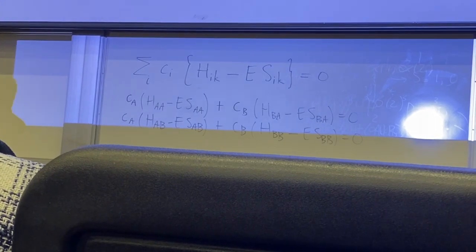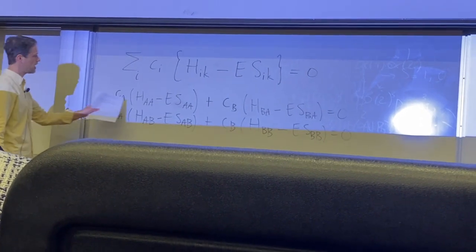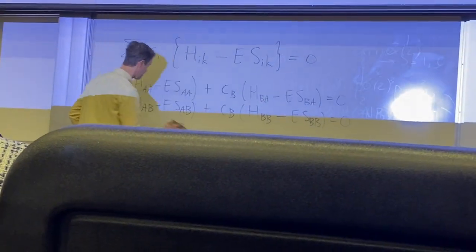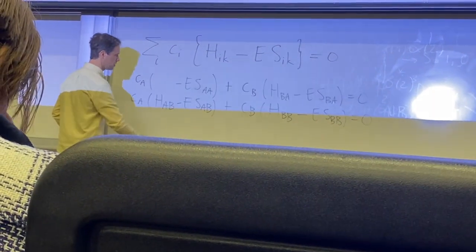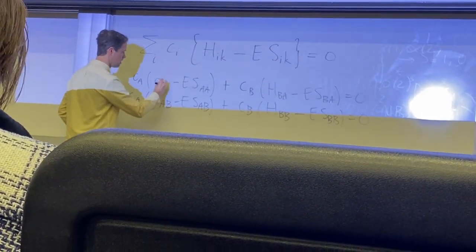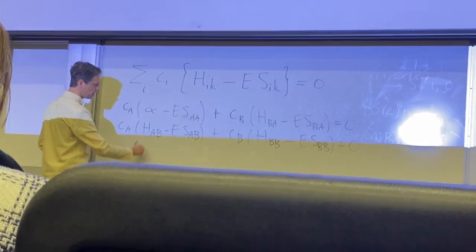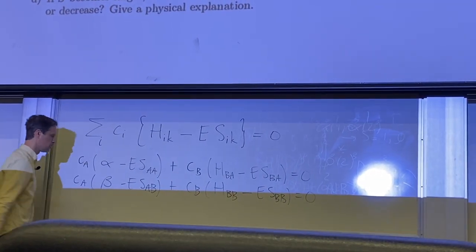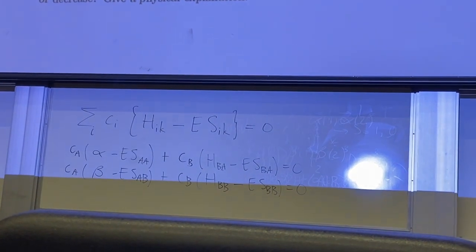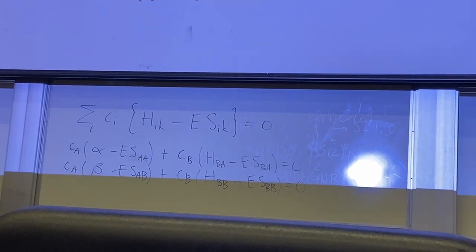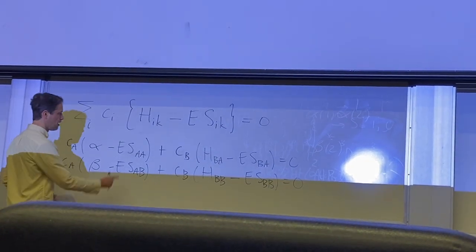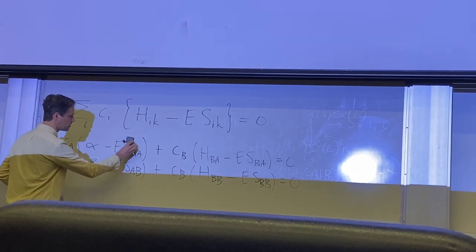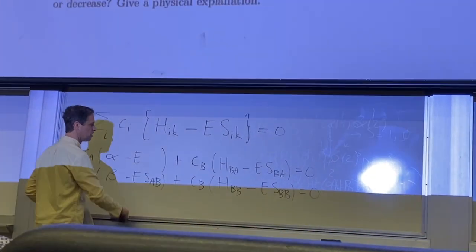There's a couple of things I can do. I can replace all these H_AA by alpha, because that's an alpha. And H_AB is beta, so that's good. S_AA is 1. That's just 1.